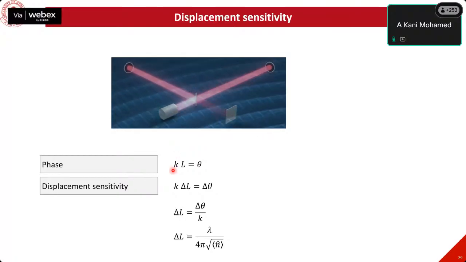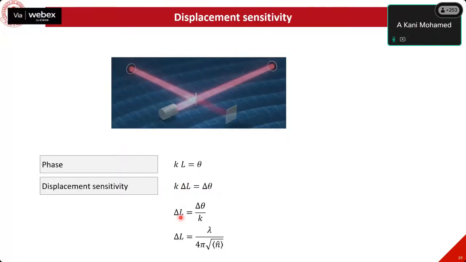So the phase is nothing but, just consider the light is traveling a distance of L, having a wave vector k, which is nothing but 2 pi by lambda. So the phase it is going to accumulate is kL. But what is the minimum phase that we can detect is del theta. From that we can estimate the minimum displacement, or the differential length, that we can detect from this interferometer.